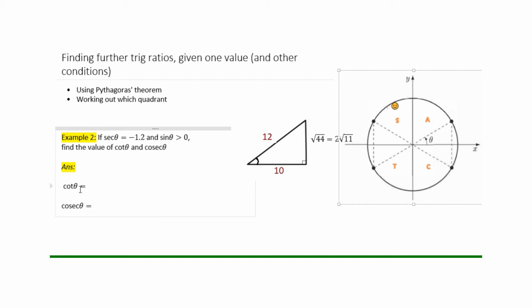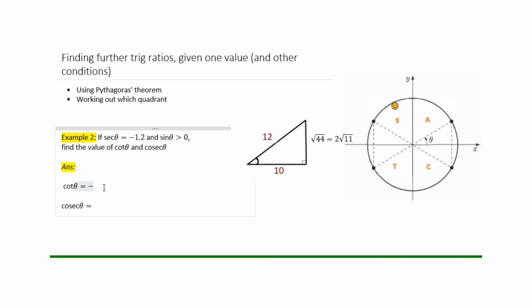Now let's find our answer. We need to find cot. Cot is related to tan. Cot is 1 over tan, and in our second quadrant, tan is negative, so our answer should be negative.